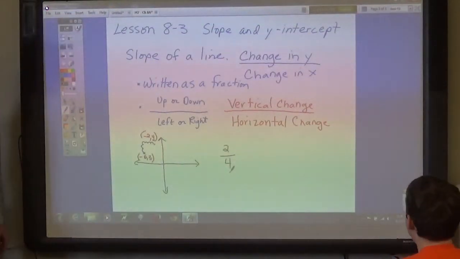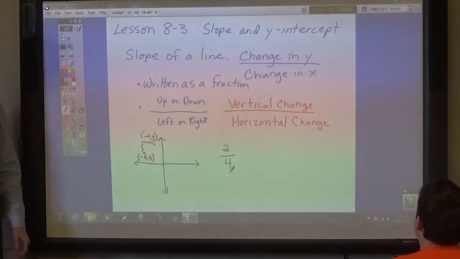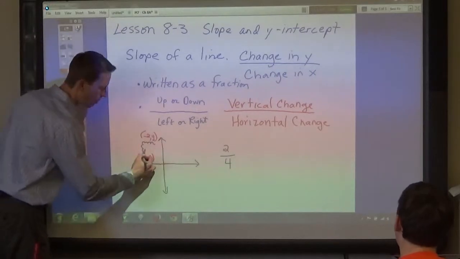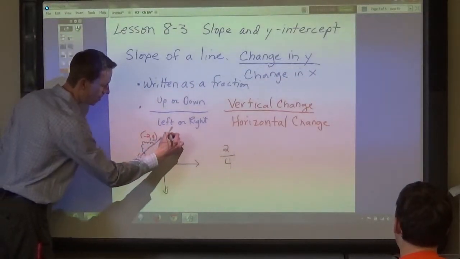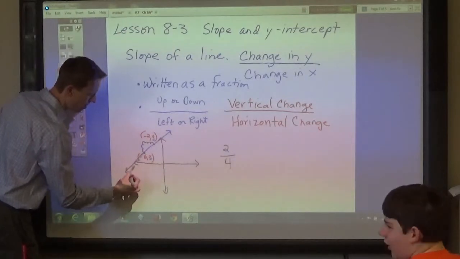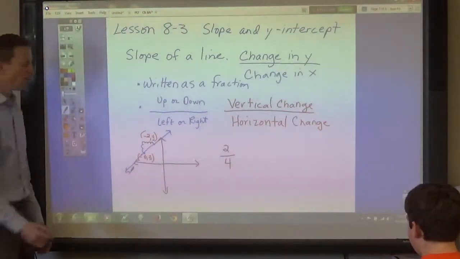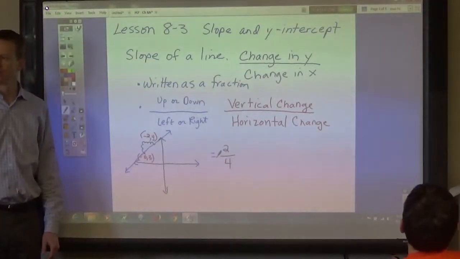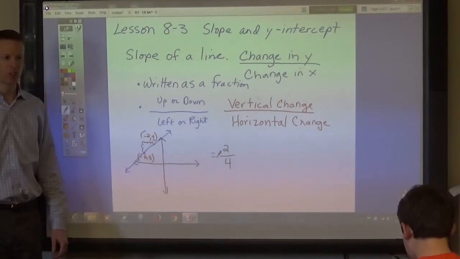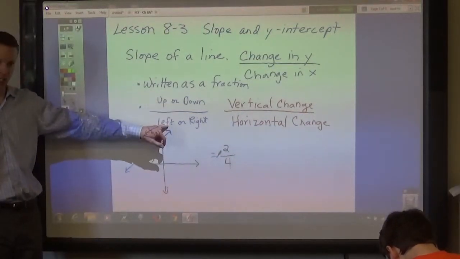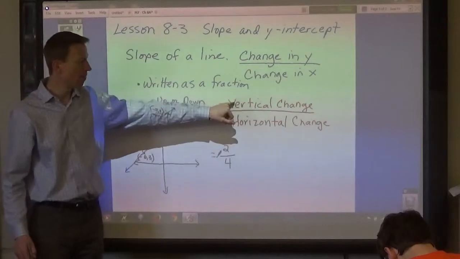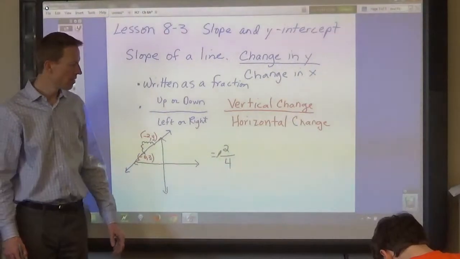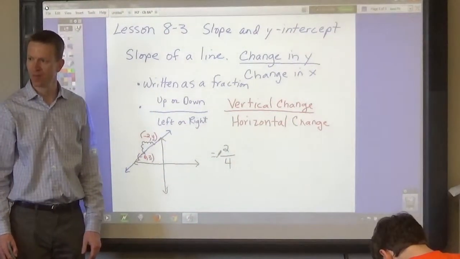Right? What do you think this line is? Is that a positive slope or a negative slope? Positive. It is a positive slope because it goes up and to the right. Now, what is the slope in terms of numbers? Since the slope is also written as a fraction, as the vertical change over the horizontal change, what is the fraction? 1/2.